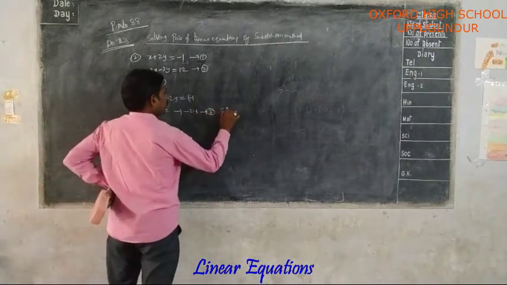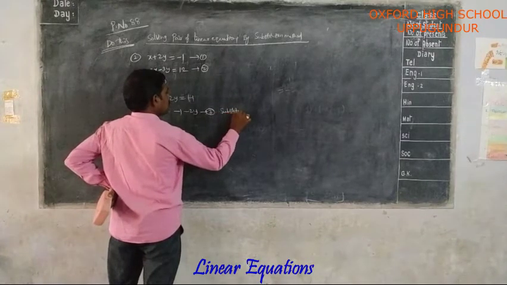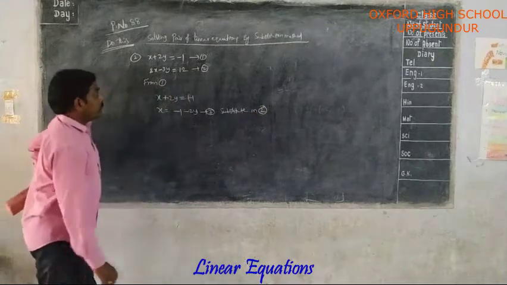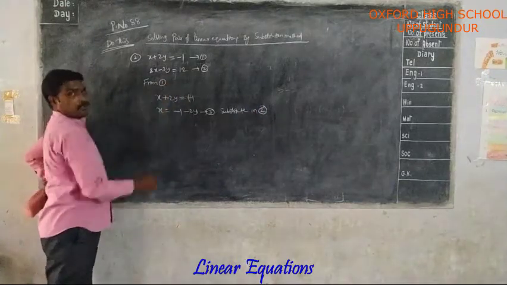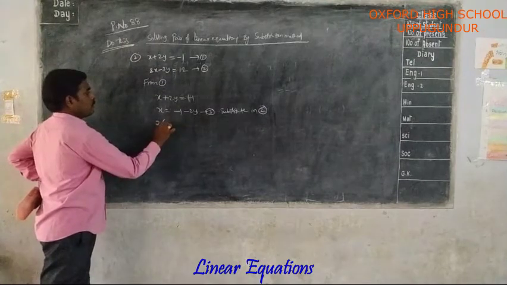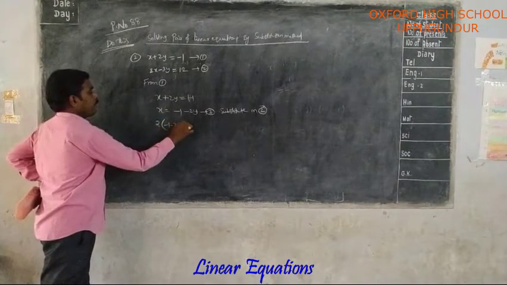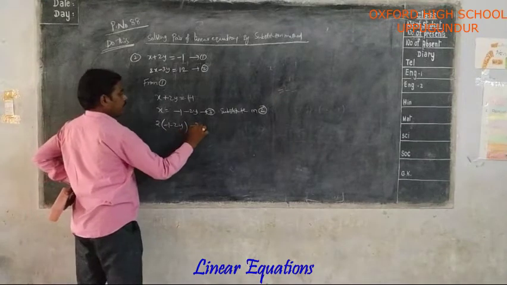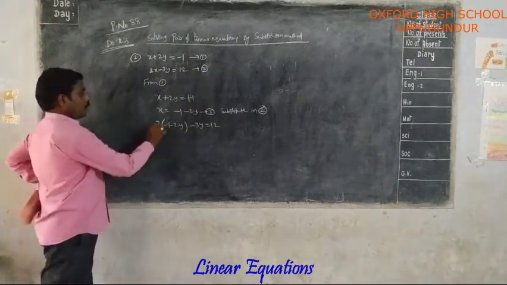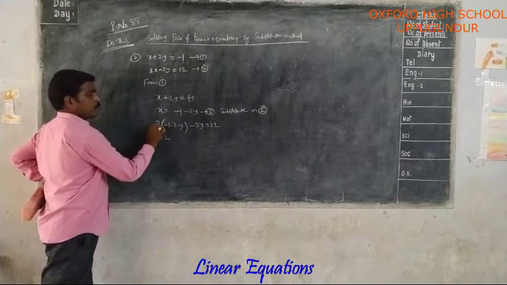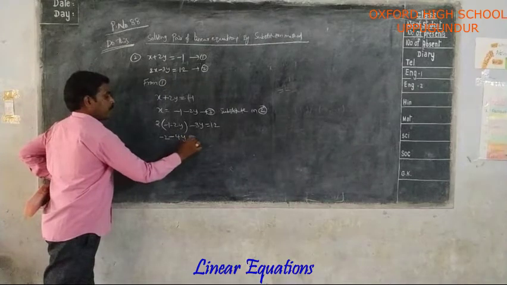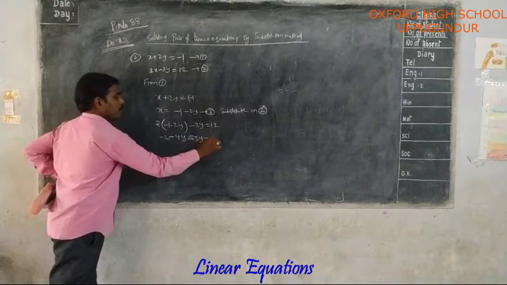Now substitute this x value in equation 2. What is equation 2? 2x minus 3y equal to 12. 2 into, in place of x you have to substitute minus 1 minus 2y, minus 3y equal to 12. 2 into minus 1 is minus 2, 2 into minus 2y is minus 4y, minus 3y equal to 12.